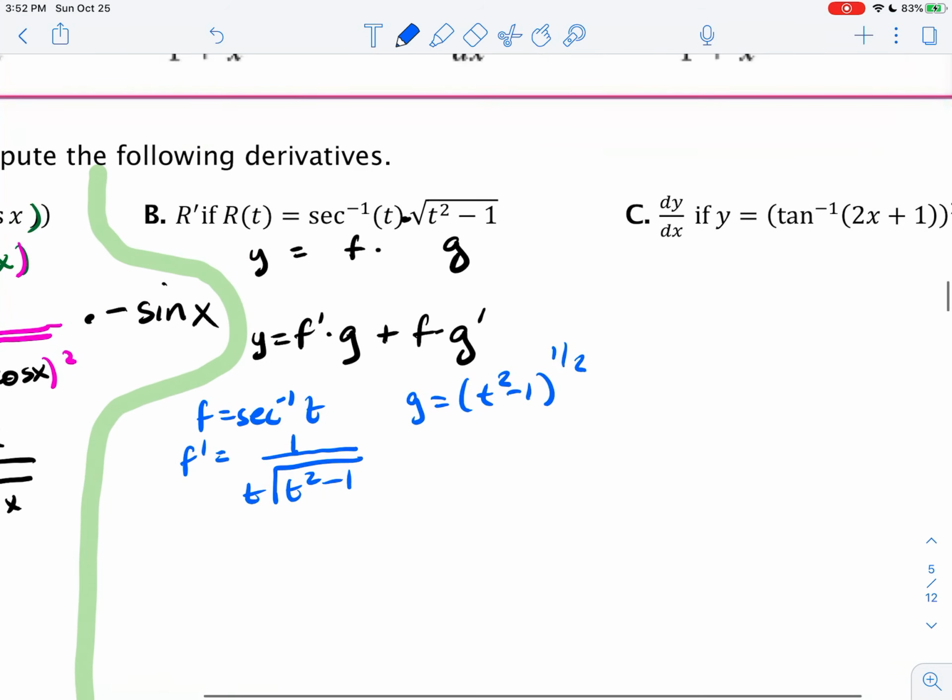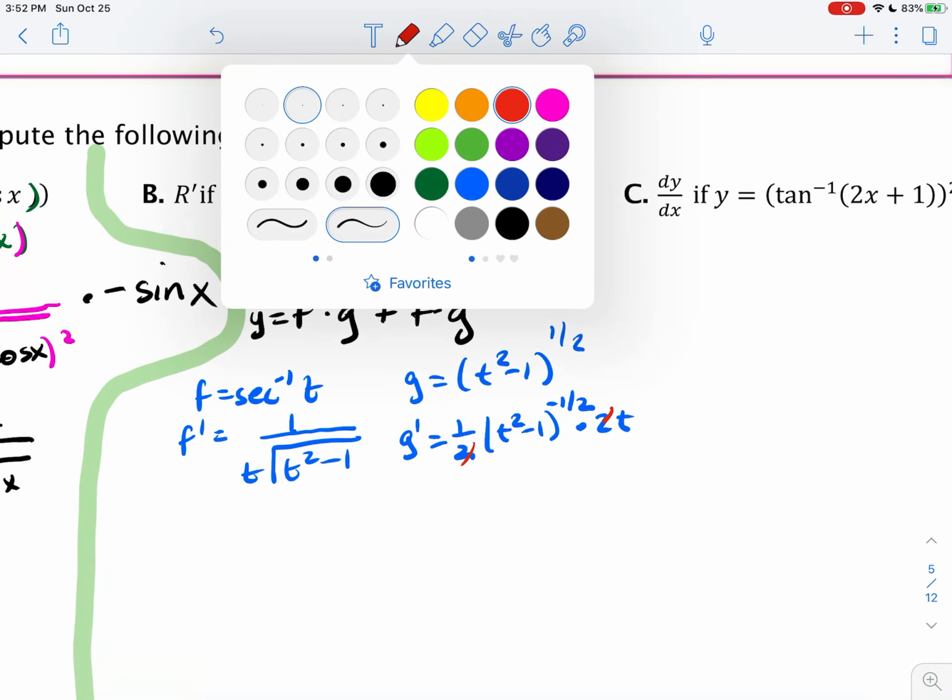And if we have our g here equal to t squared minus 1 to the 1/2, don't forget our chain rule here. Our derivative g prime is going to be 1/2 times t squared minus 1 to the minus 1/2. That's the derivative of the outside, but then times the derivative of the inside.